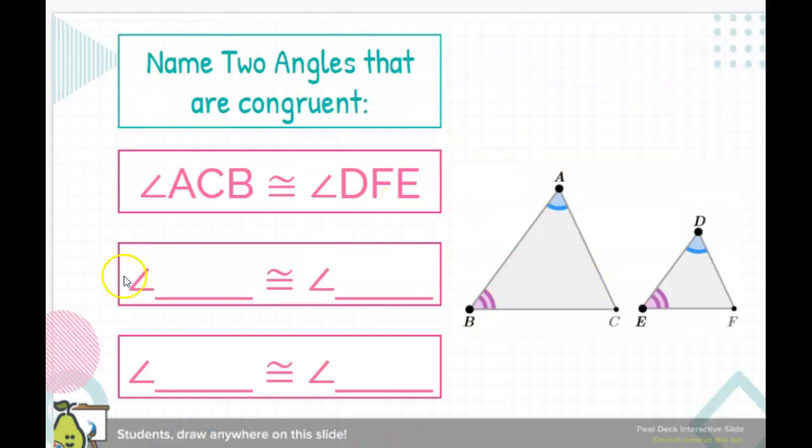Last one, your angles that are congruent. So ACB is congruent to DFE.